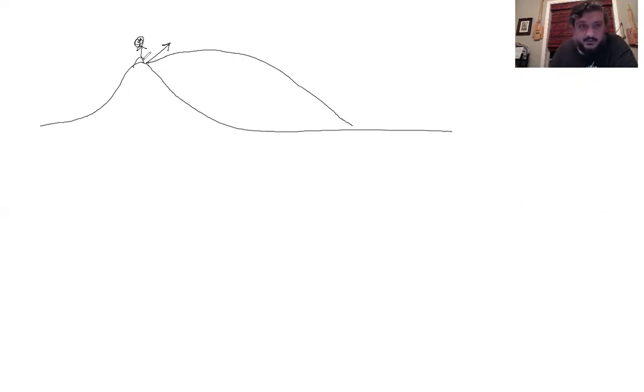That is your projectile. Here's a vertical line. And here's the horizontal line. So we define the displacement in the x direction as our range.